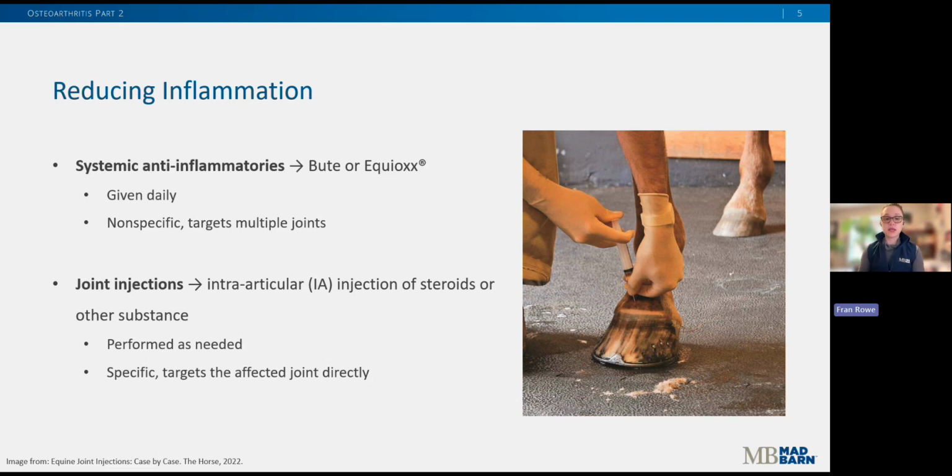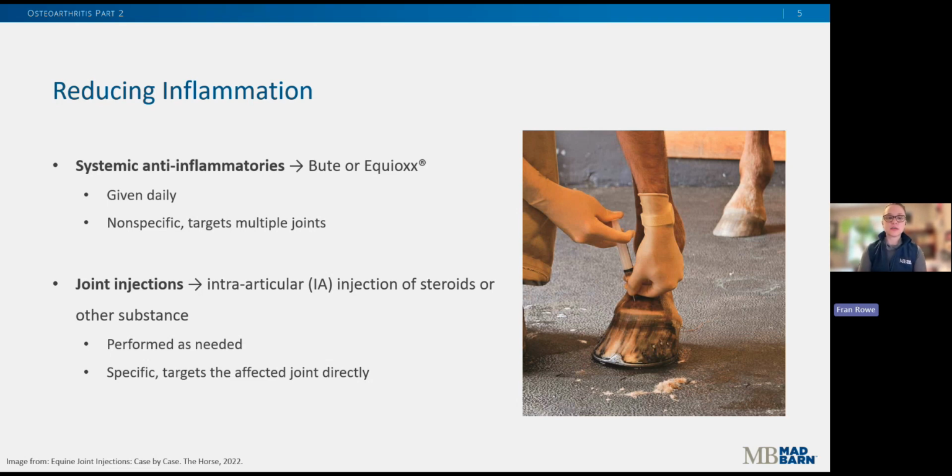So systemic anti-inflammatories, systemic just meaning whole body, would be given every day. And this is kind of our non-specific approach. When we take an ibuprofen or we take an Advil, you know, it's going to provide anti-inflammatory support throughout the body. Same thing with the horse.